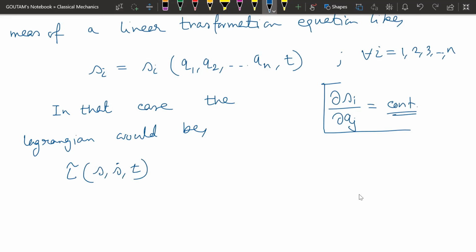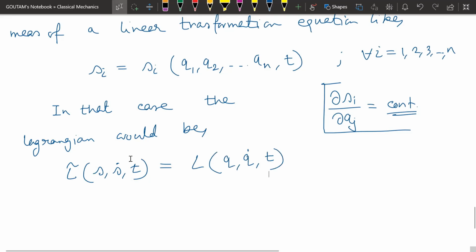The Lagrangian will now depend on s, s dot and t. So this Lagrangian will be the same, but its functional form will be different. It will be the same as L of q, q dot, t, but its functional form will be different, in terms of these s coordinates.